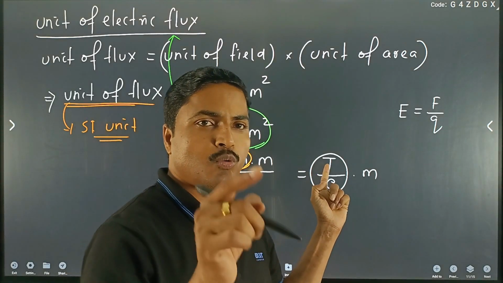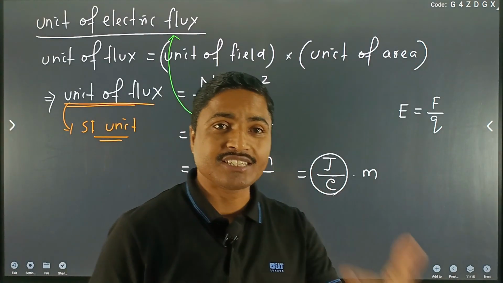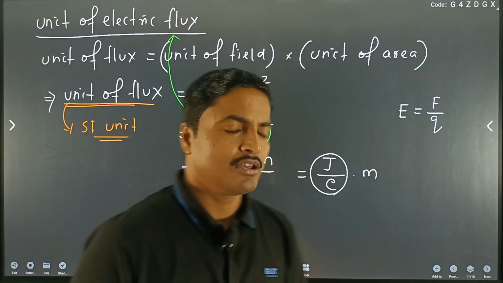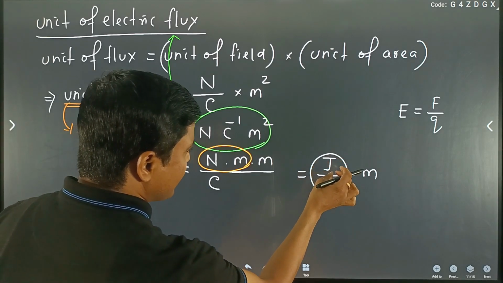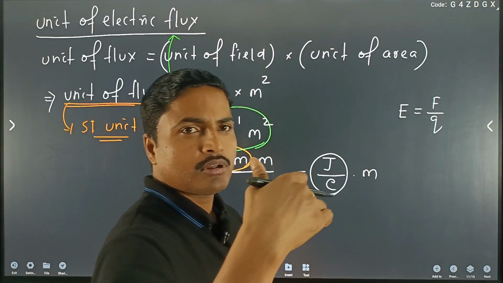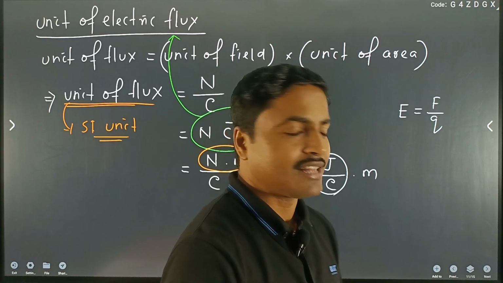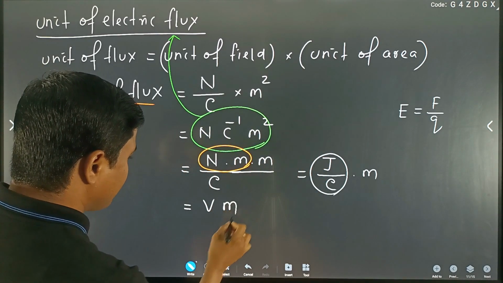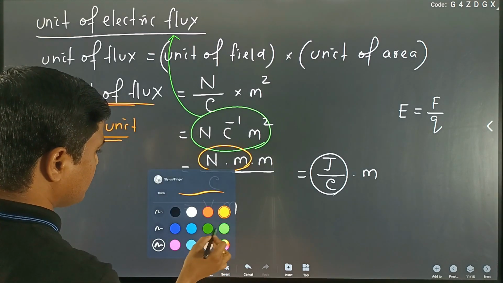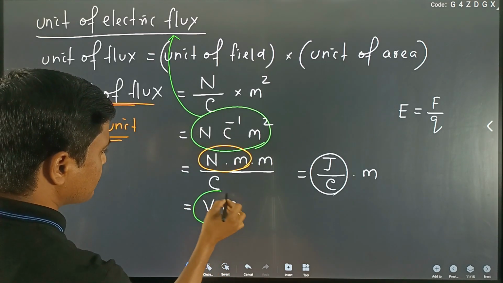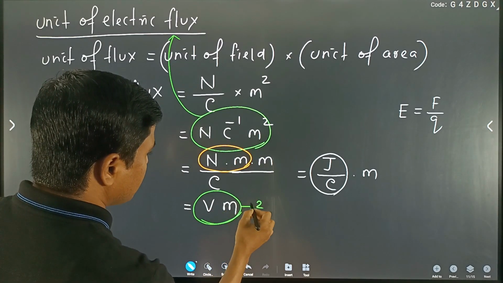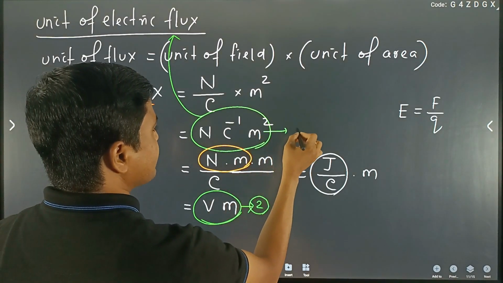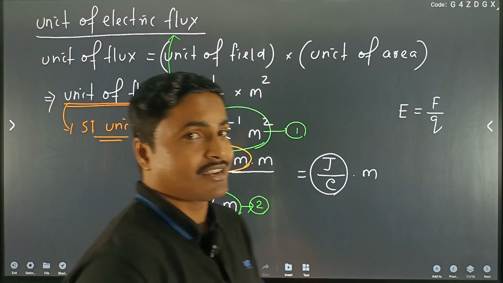Joule is the unit of work, Coulomb is the unit of charge. Work divided by charge is electric potential. So in place of joule divided by Coulomb we put the unit of electric potential, that is volt, so we write V for volt multiplied by meter. This is the second SI unit of electric flux, and the earlier one is the first SI unit of electric flux.